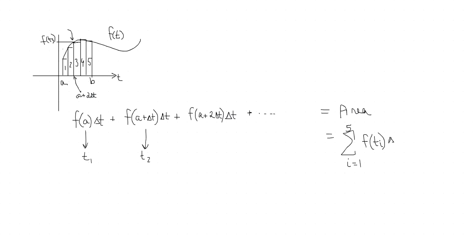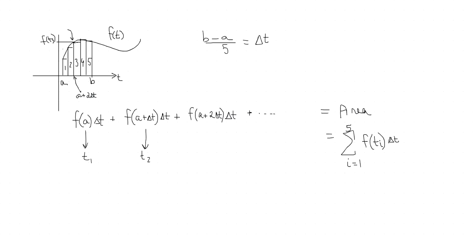Now, delta t can be precisely identified if you tell me the number of rectangles that you want, which would be 5, and the width that we have, which would be b minus a. So b minus a divided by 5 would tell me the width that I need for each rectangle.